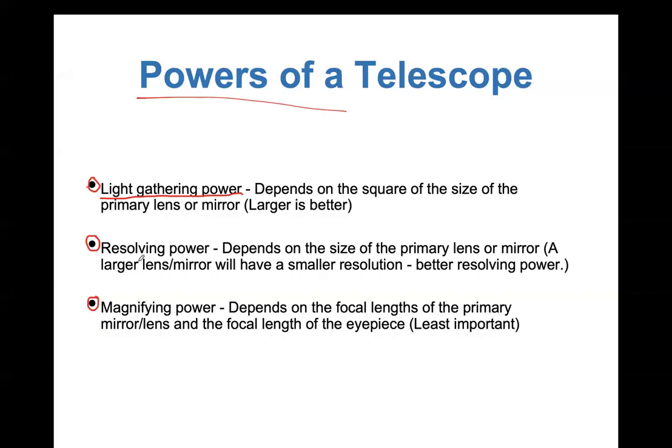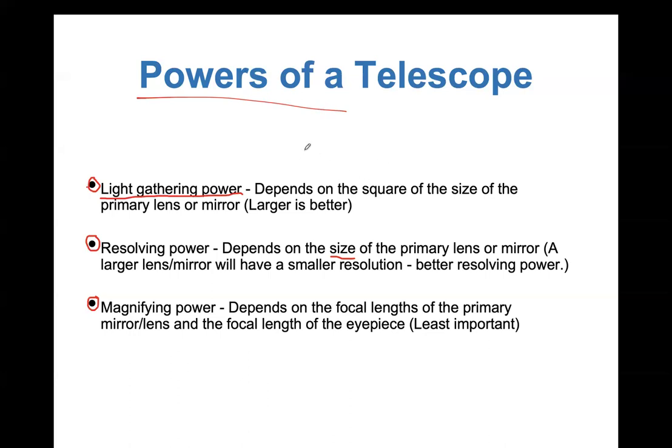Okay, so the other two powers of a telescope are the resolving power and the magnifying power. Let's quickly define these. The resolving power depends on the size, not the square of the size, just the size.